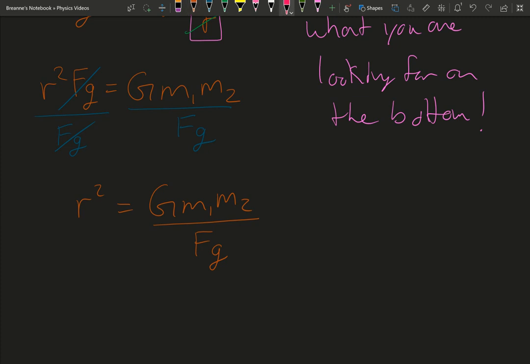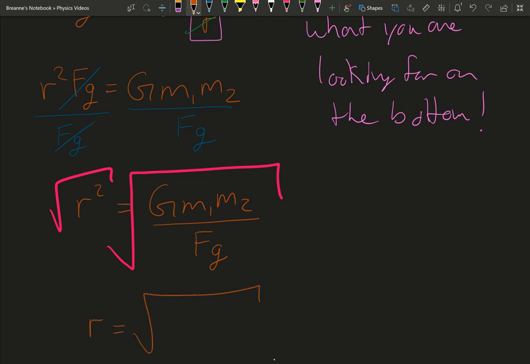How do you get rid of the squared? Square root. And that means you got to square root everything, not just the top part. Everything. So our answer becomes r equals square root of G m1 m2 over Fg. And you don't have to put the parentheses there. I'm just saying everything.